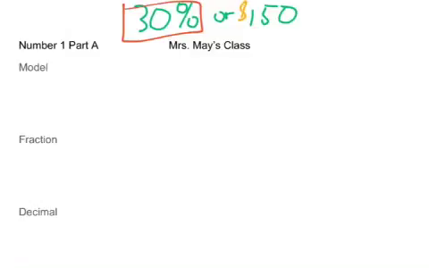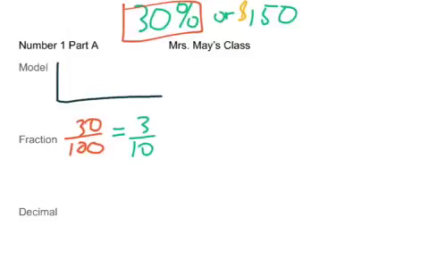Let's again start with the fraction. The fraction is 30 out of 100 because it is a percent. We can simplify that to a fraction of 3/10, and that's completely simplified. So we have to create a model of 3/10. We could use a strip diagram, and we would need 10 sections.